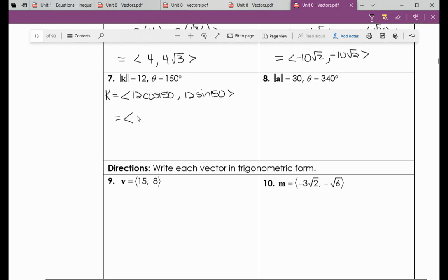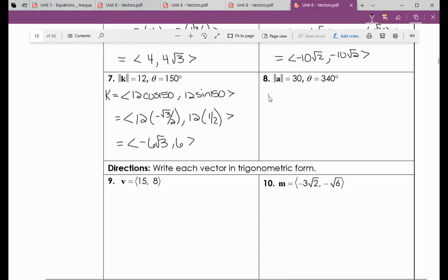That's going to get me 12 times negative square root 3 over 2. That's the value of cosine at 150 degrees. And then I'm going to get 12 times positive 1/2. And then when I simplify that, I get negative 6 square roots of 3 and 6. That is the component vector that has this magnitude and that directional angle.